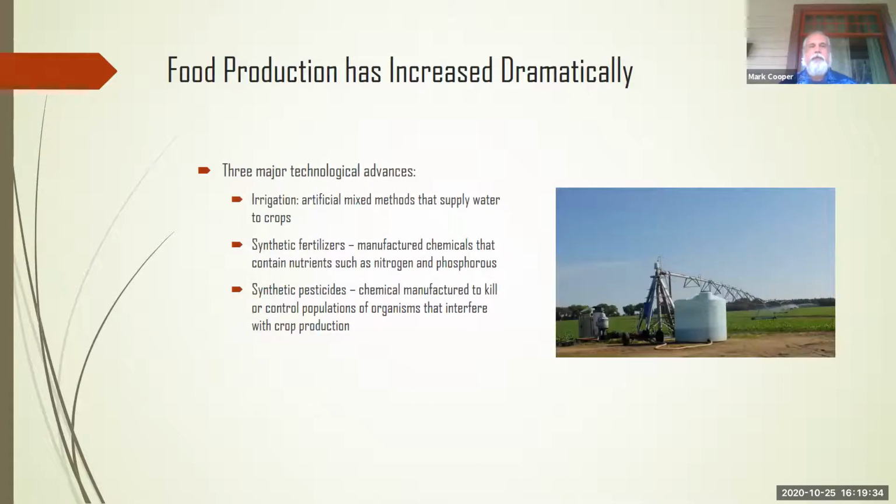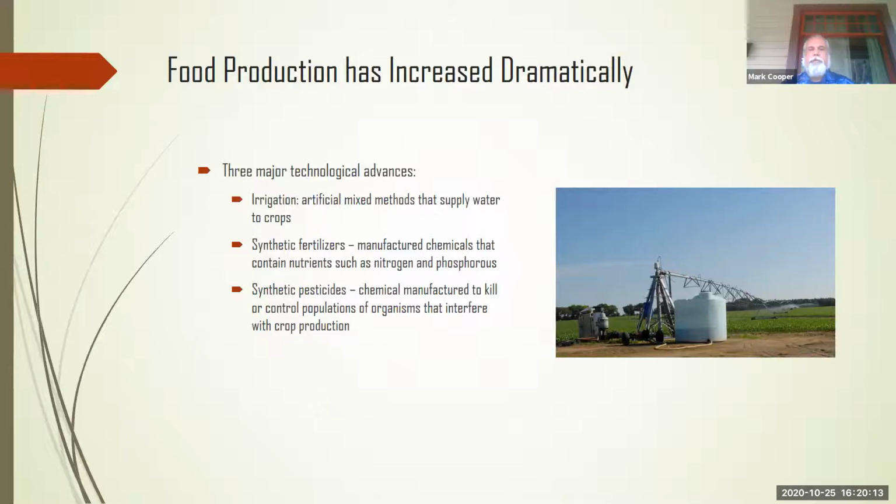All right, the next point is that food production has increased drastically. Major technologies have helped us. One is irrigation, moving water to where it's needed, although we saw in chapter 11 that's one of the problems in California, moving major amounts of water from Northern California to Southern California. Then synthetic fertilizers: chemicals are quick, easy, and relatively cheap, but they also run off into our oceans and have caused eutrophication and all kinds of serious problems.